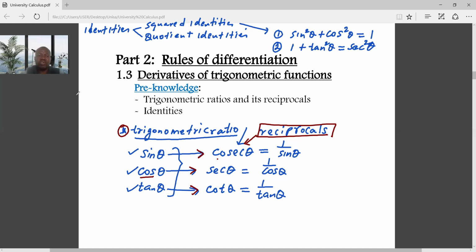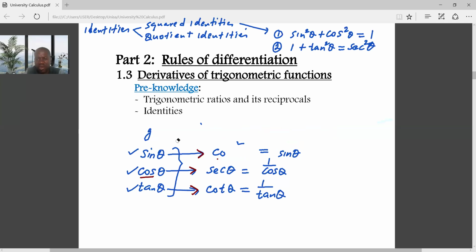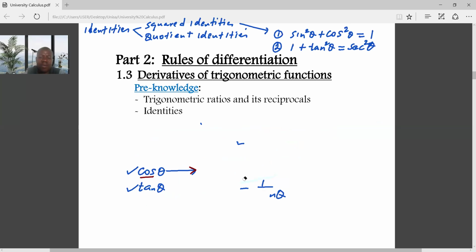During our time in high grade, they were addressing this. So it's very important for you to know these trigonometric identities. We have the squared identities: sine squared theta plus cos squared theta equals 1, and 1 plus tan squared theta equals sec squared theta.